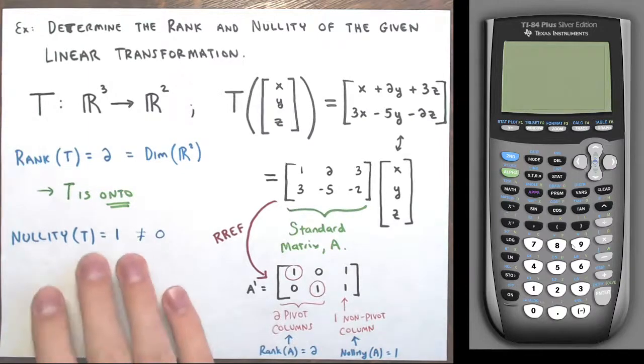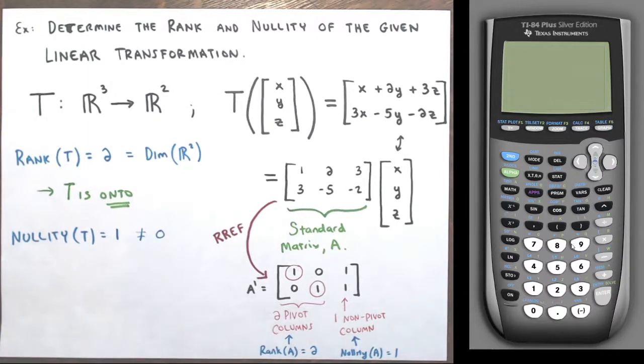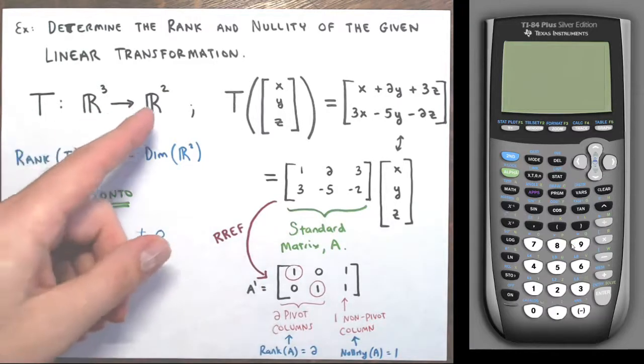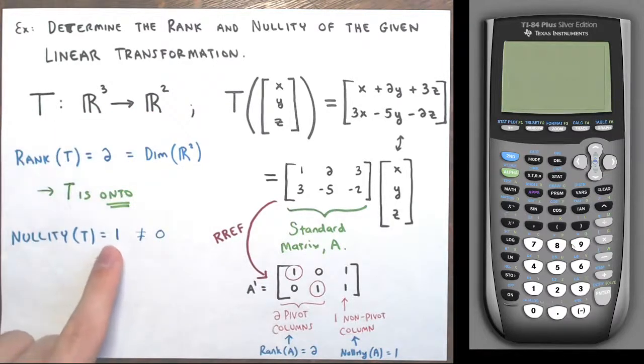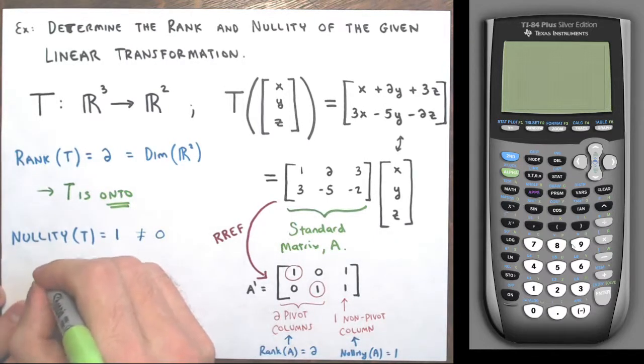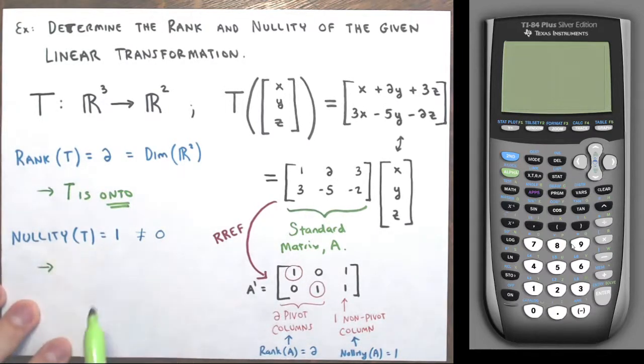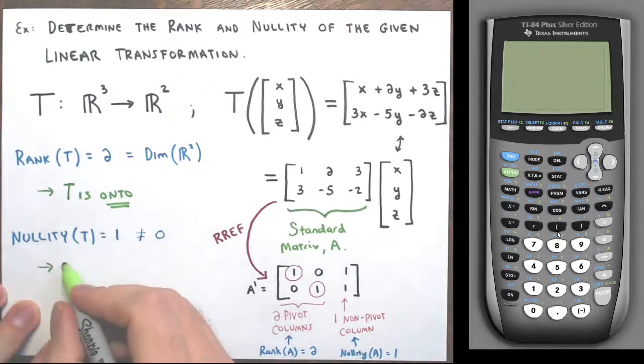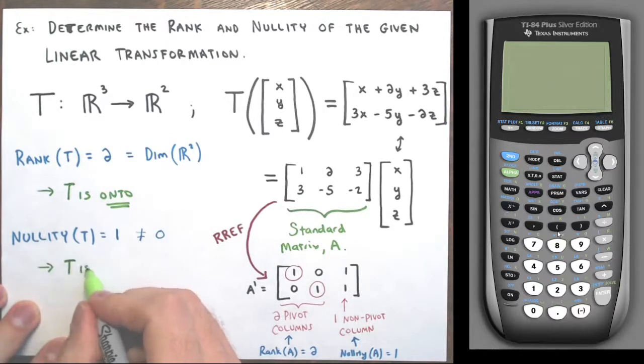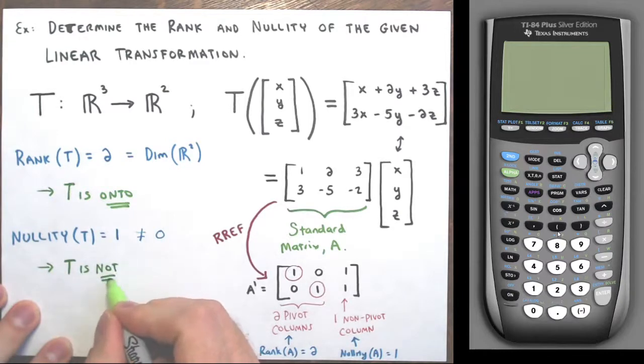So that means the null space has a dimension of 1, meaning there are going to be infinitely many vectors in R3 that are all scalar multiples of 1 vector that will map to the 0 vector. So the null space is not just containing the 0 vector. So we can tell right away that, since the nullity of the transformation is not 0, T is not 1-to-1.